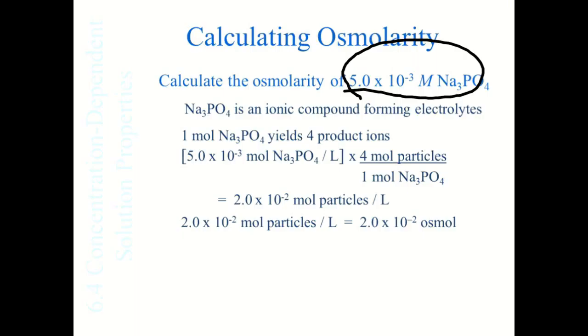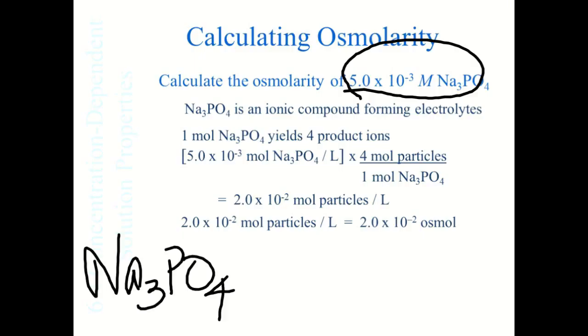So what you should be able to do is what we did in chapter 3. Na3PO4 will split up into how many particles? In other words, how many ions do you see in Na3PO4? 4. Good. How did you come up with 4?